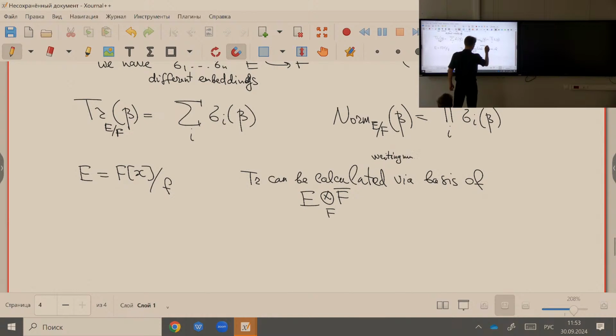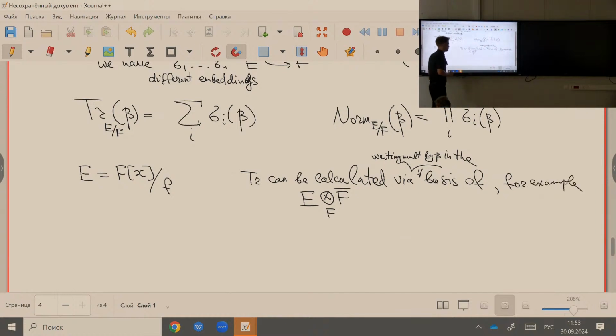in a basis, in any basis, for example after extending the field to the algebraic closure. Let us calculate what this means.